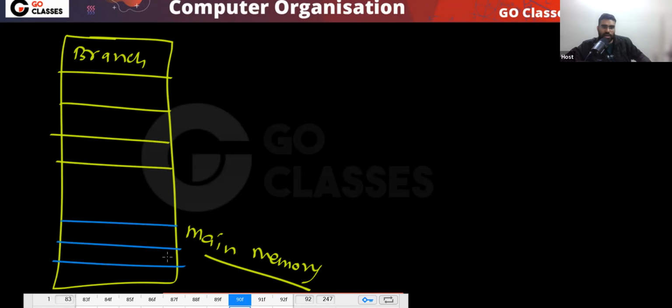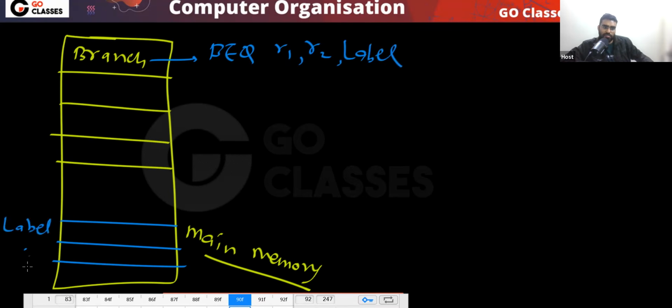And let's assume this is your label. Your branch instruction is something like: if R1, R2 are equal, then go to label. So this label is here. This is your I1, this is your I2, this is your I3, and so on.